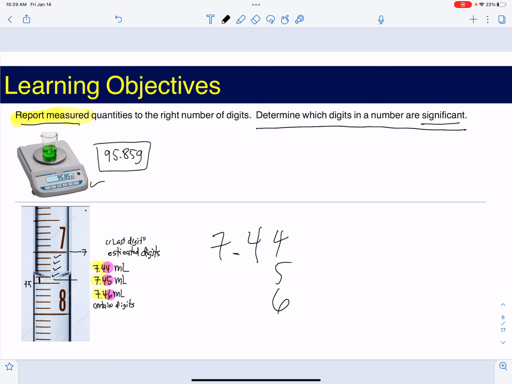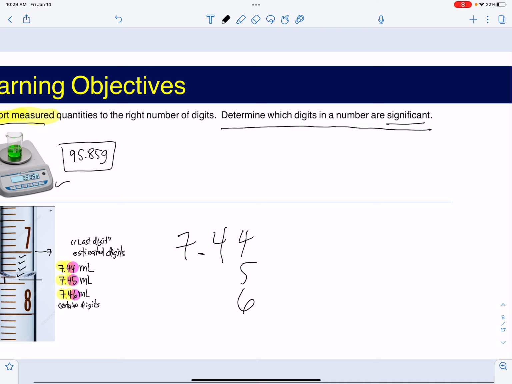So whenever you start using the scale that came with your kit, I want you to look at the last number and notice that every so often it fluctuates, it changes. That means that the machine is estimating the last number. So any measurement, it doesn't matter if it's digital or not, the last digit is always the estimated number.